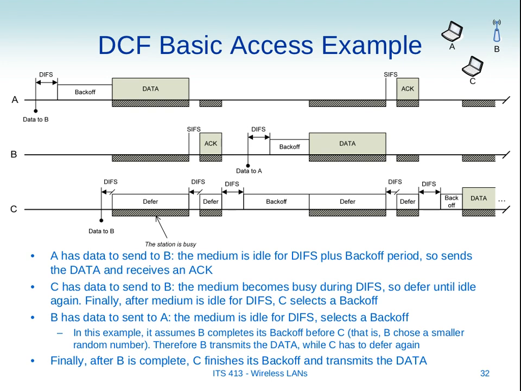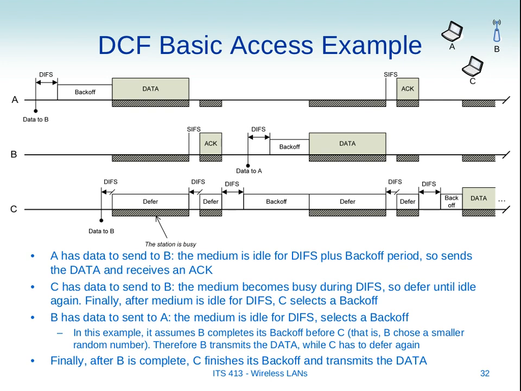Looking at the other stations, B and C, which happen at the same time. At this point in time, no one's transmitting. B has nothing to send, it's doing nothing. C is doing nothing. We'll come back to C in a moment. And then at this point in time, the medium becomes busy.